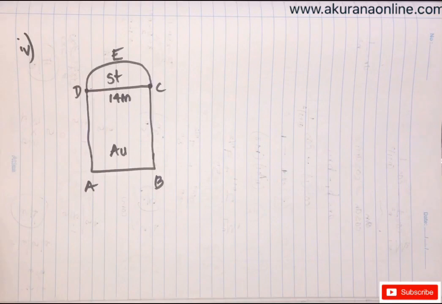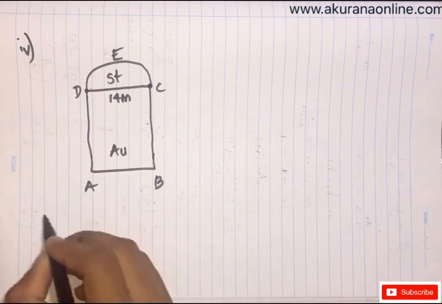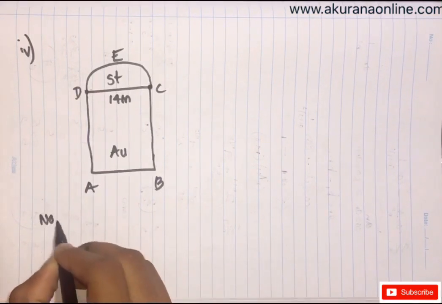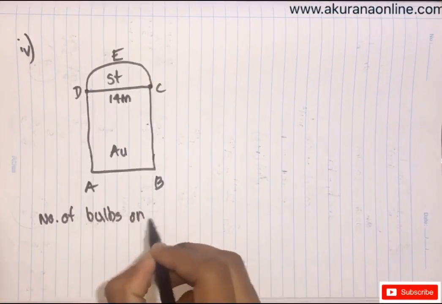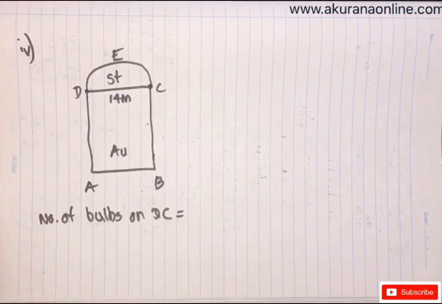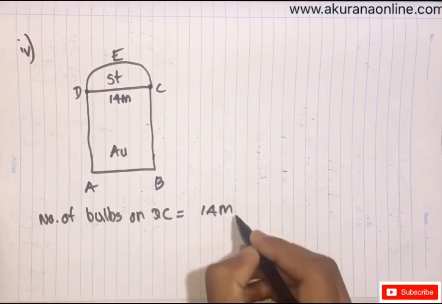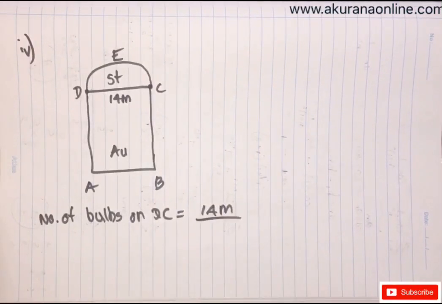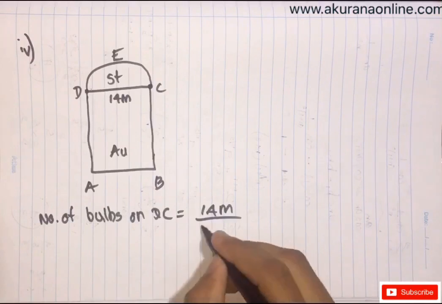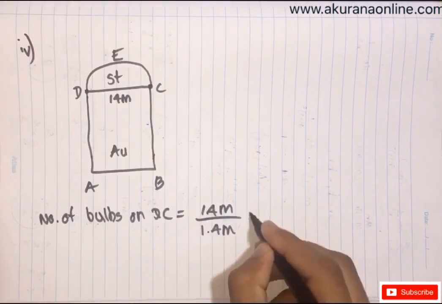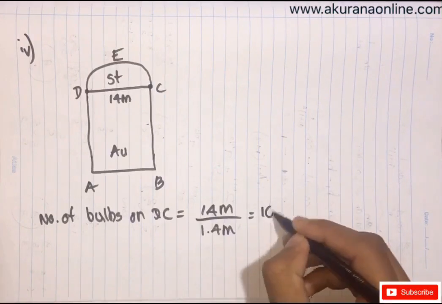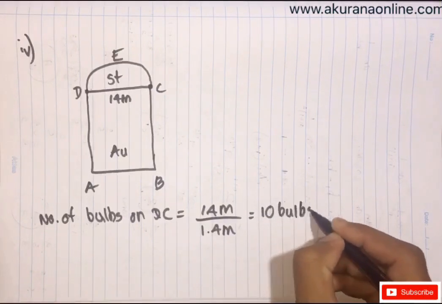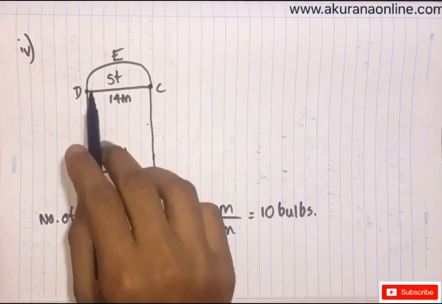Okay, now let us find the number of bulbs on DC. The total length is equal to 14 meters. Therefore, you have to divide by the length of the gap, that is equal to 1.4 meters. So what is the answer? So altogether you have 10 bulbs here. 10 bulbs are fixed, okay, from here to here.